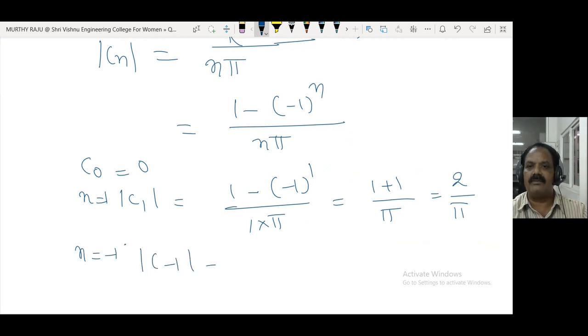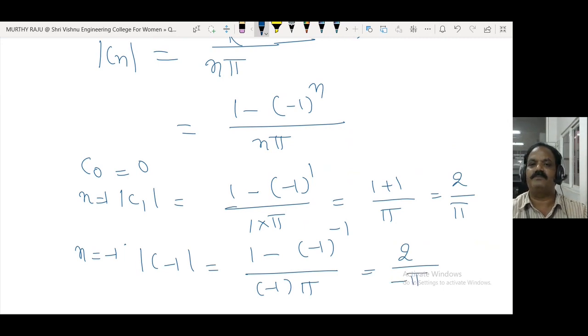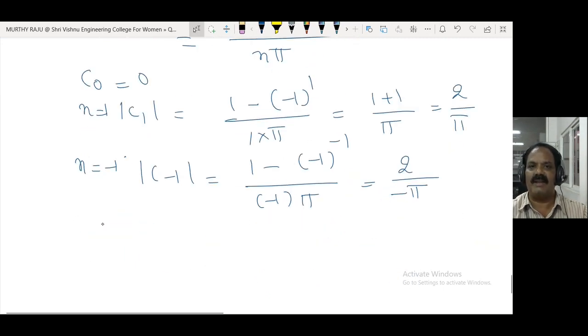Mod C minus 1 is equal to 1 minus of minus 1 whole power minus 1, by minus 1 into pi. Minus 1 whole power minus 1 means 1 by minus 1 whole power 1, that is minus 1. Minus into minus is plus, that is 2 by minus pi. That is the C minus 1 value.